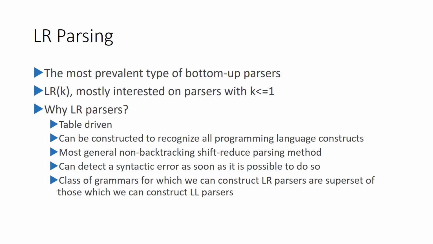It is the most general non-backtracking shift-reduce parsing method, and it can detect a syntactic error as soon as possible. The class of grammars for which we can construct an LR parser is a superset of those for which we can construct an LL parser.